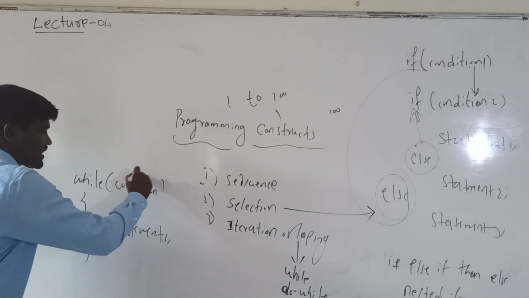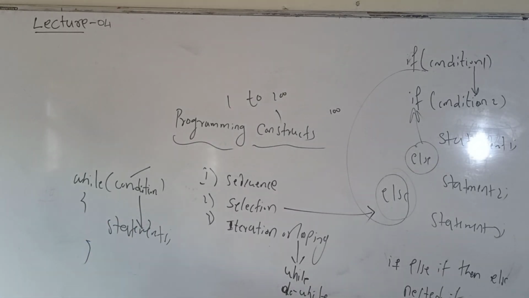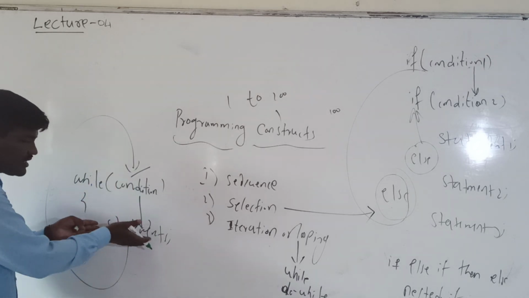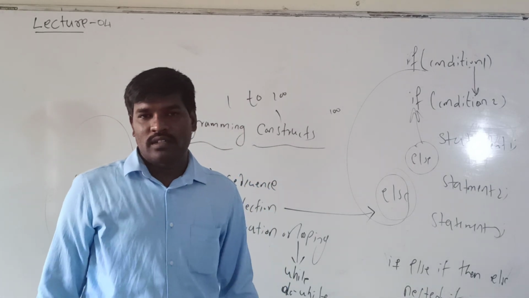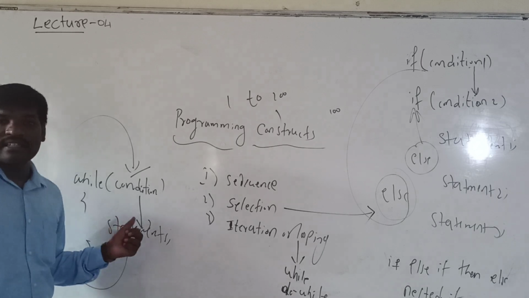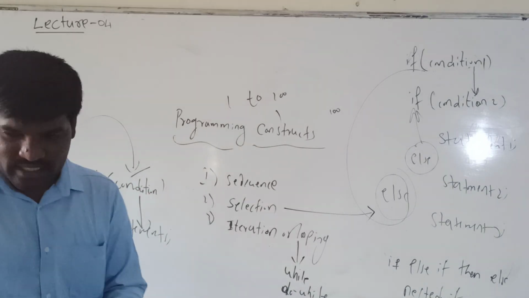Here first it will check the condition. If the condition is true, it will execute the statements. After executing the statements, it checks again, and these statements will be executed repeatedly until the condition becomes false. Let me take one example.